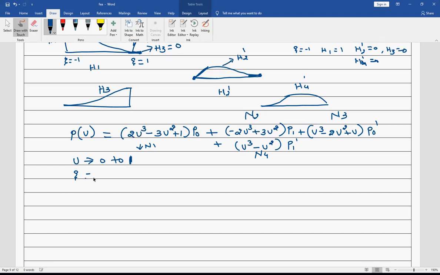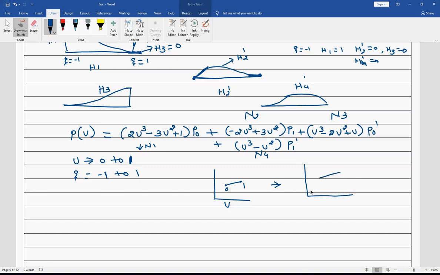But my xi varies from minus 1 to 1. So what is the meaning? I have one coordinate system where there is one line, where u is a parameter which represents 0 to 1, in a u coordinate system, and there is one more coordinate system.